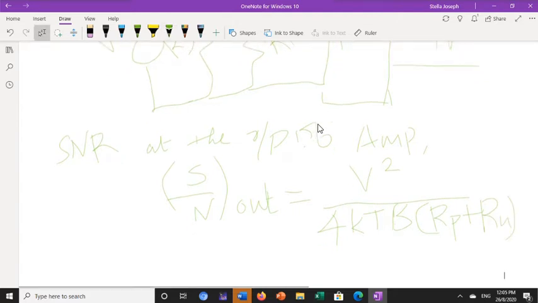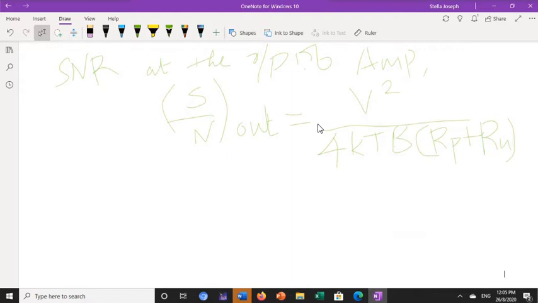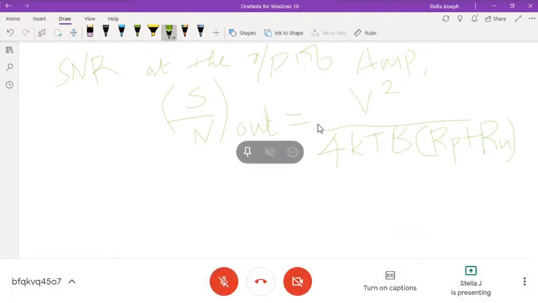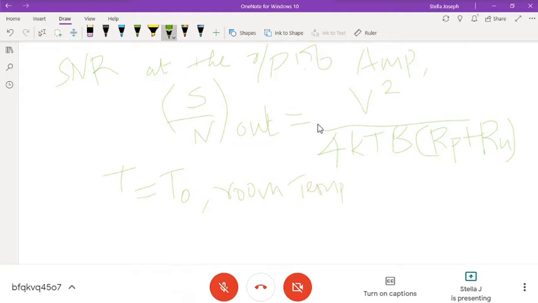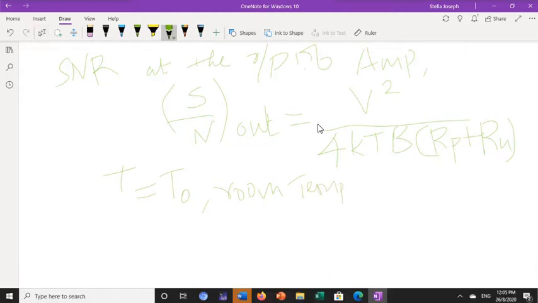Okay, how did this equation come? If I am using T equal to T0, as the temperature is room temperature, then my equation will become S by N out is equal to V squared divided by 4K T0 B into Rp plus Rn.